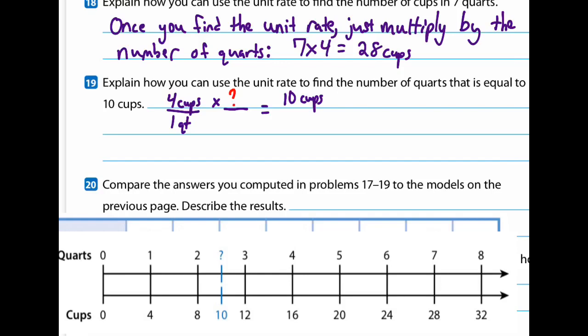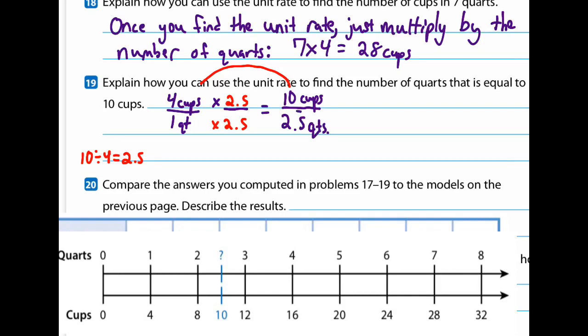So what I'm going to do is the reverse. I'm going to do 10 divided by 4. And if you do 10 divided by 4, you get 2.5. So stick with me here. That means 4 times 2.5 is 10 cups. So that means 1 times 2.5 will get us our answer of 2.5 quarts.